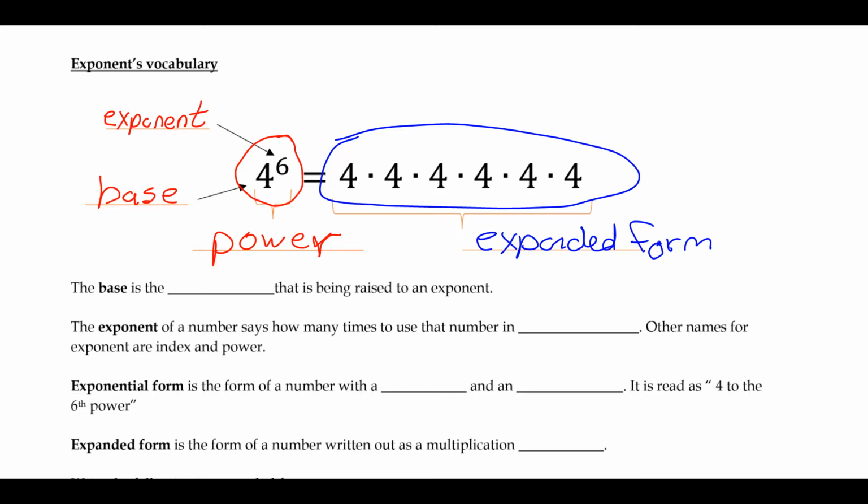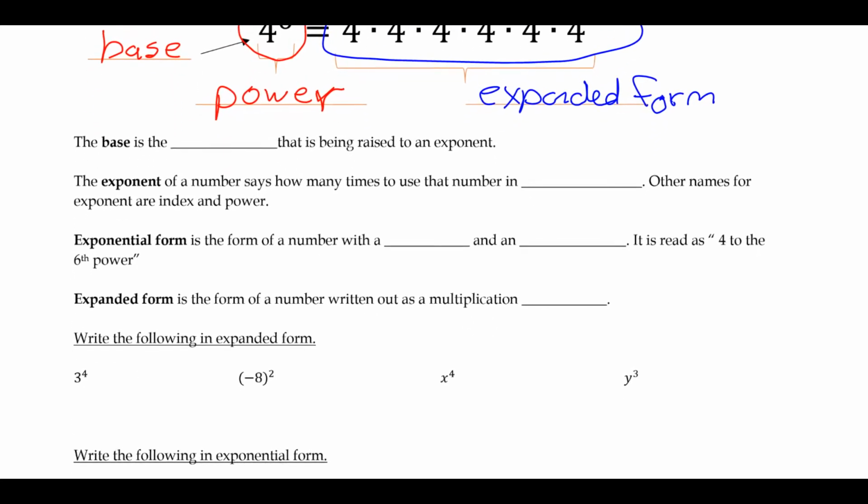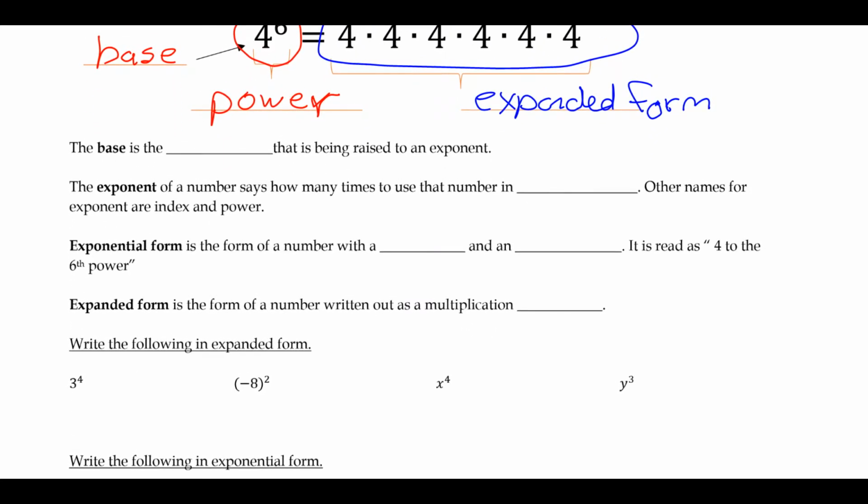Okay, so now let's hop down and take a look at some of our definitions before we get into some of our problems here. So the base is the number, and I'm even going to say or variable, that is being raised to an exponent.